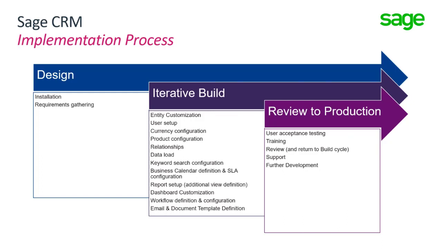And what we see in here is a three-phase approach, which looks like it's a linear approach, but really we never stop designing and we never stop building as we move to production. This is because of the nature of Sage CRM being a metadata-driven application, and I'll talk about that a little bit later on. So installation and requirements gathering is really the fundamental of what we need to do. And then when it comes to the configuration of Sage CRM, everything else is based on that work that we do.